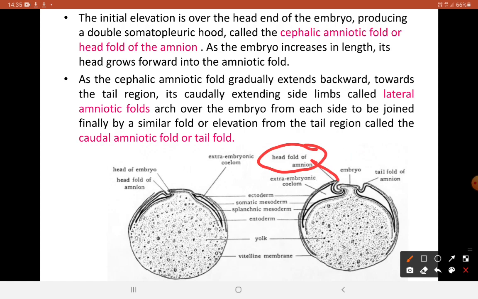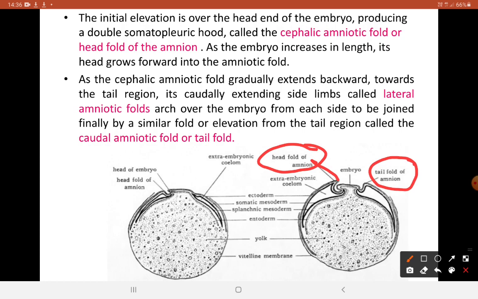Now what happens, the head is growing towards the head fold, and the cephalic amniotic fold gradually extends backwards. As it grows, it extends backwards towards the tail region, and its caudally extending side limbs are called lateral amniotic folds, which you cannot make out in the diagram because they are the lateral folds. And then the one which occurs towards the tail region is called tail fold of amnion or caudal amniotic fold.